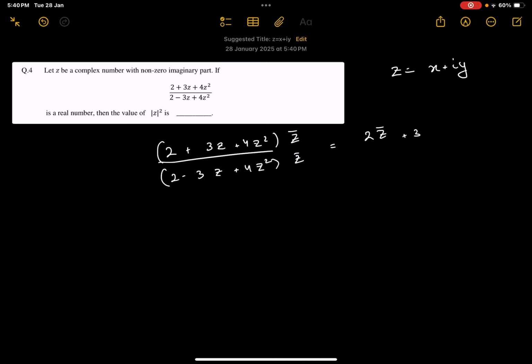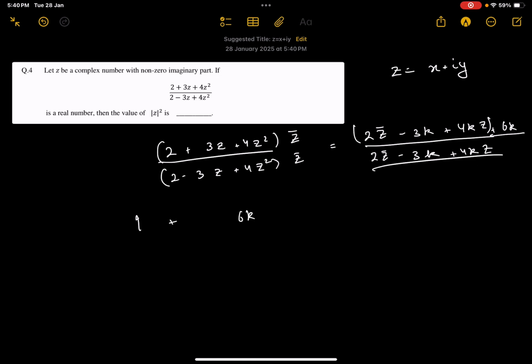and mod z square, let's write that as k, where k is a real number. Now what we'll do is write the numerator as minus 3k plus 6k, which gives us 1, because this thing is the same as this denominator, plus 6k upon.